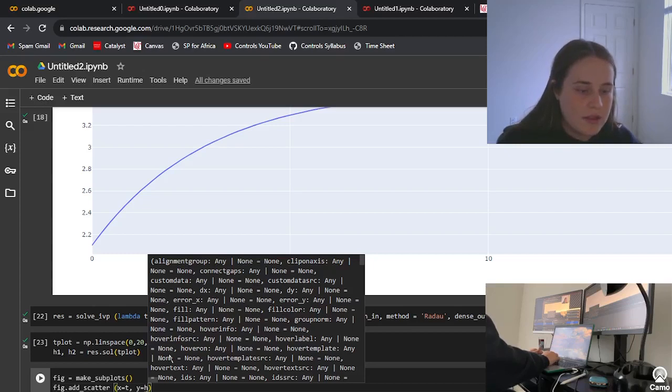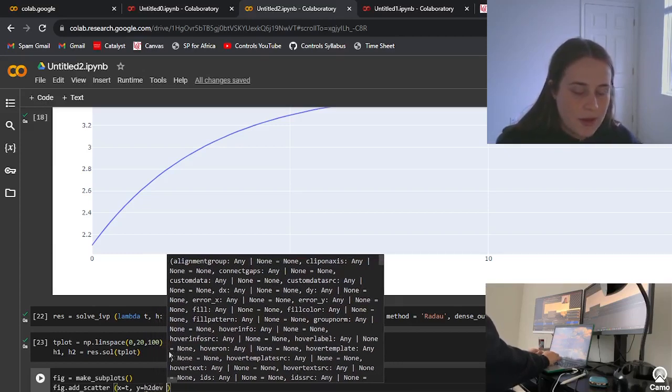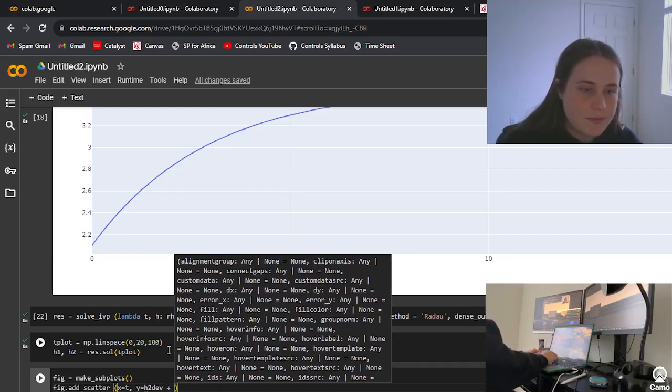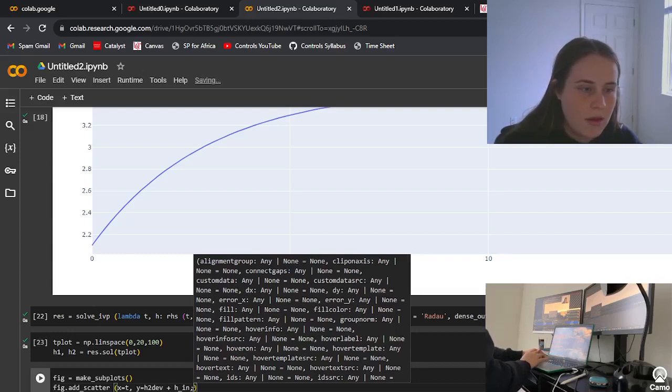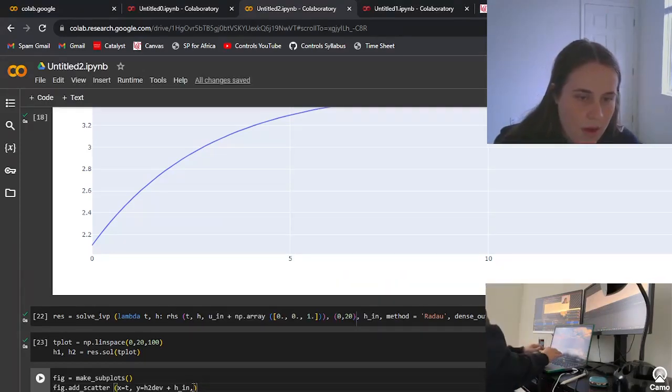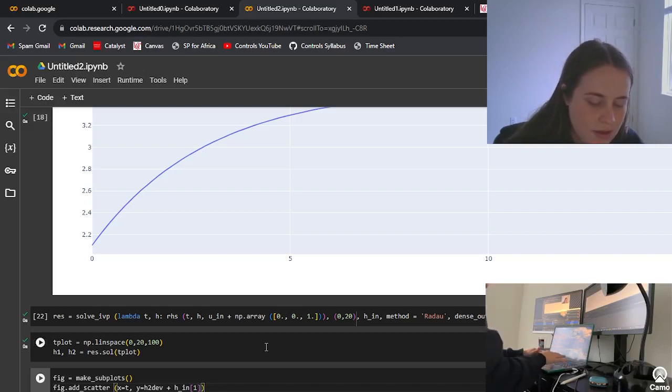So this equals h2 deviation plus h initial, and this is in reference to U2, and we will name this linear.